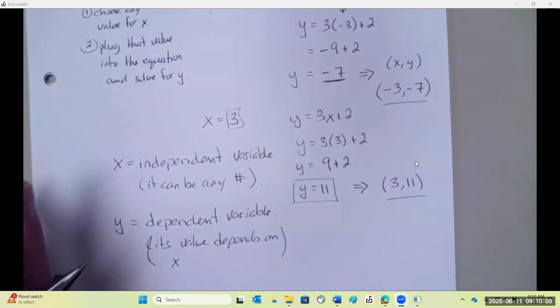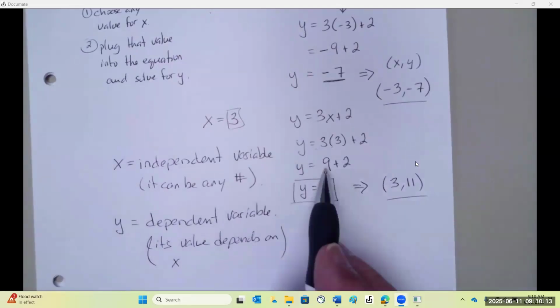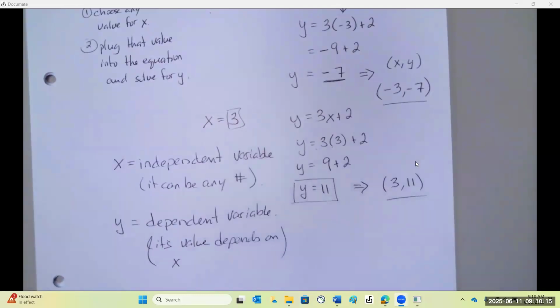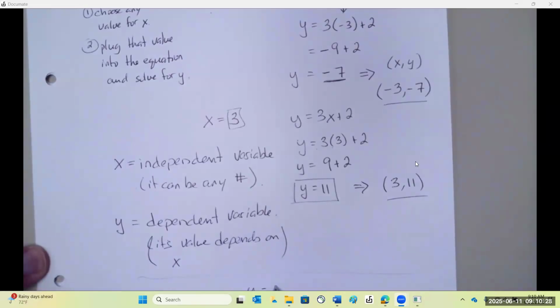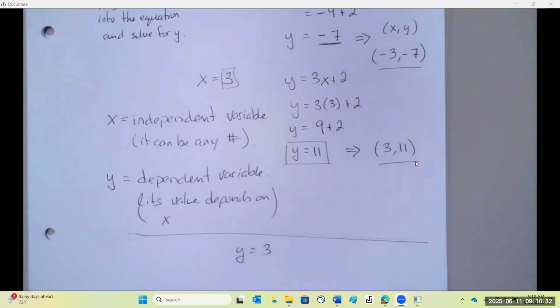So whenever we talk about independent, dependent variables, that's what we're talking about. The value of y depends on what x we put in there. Do you have to have independent variables? What about that graph? What is that graph going to look like? Very good.